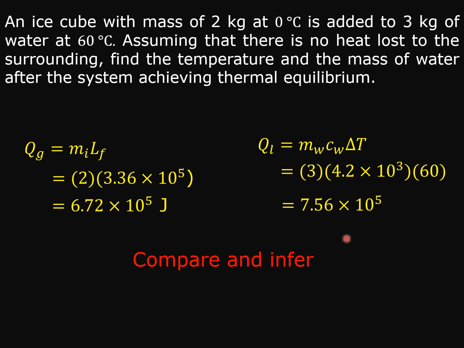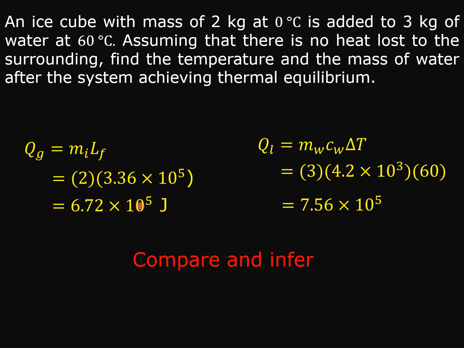It implies that the heat contributed by the water can not only convert all the ice completely into water at 0 degrees C, it can also make this water produced by the ice cube increase in temperature.